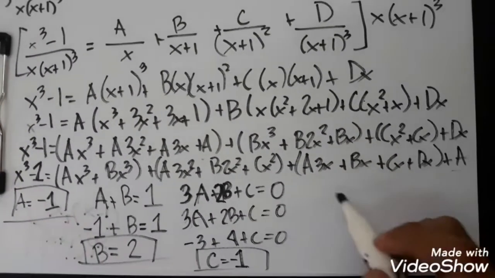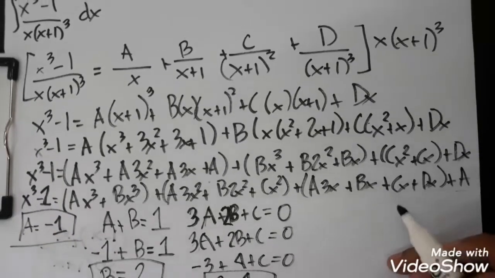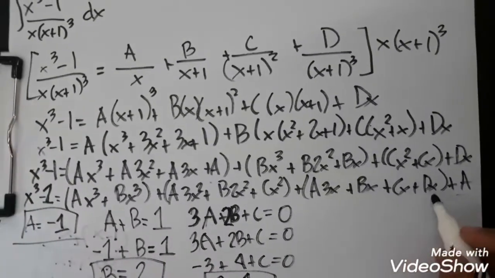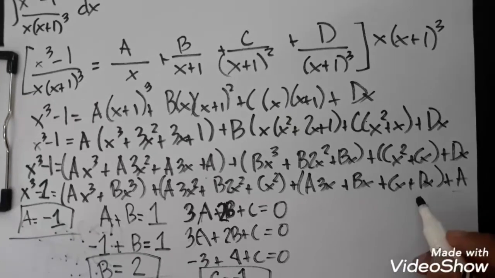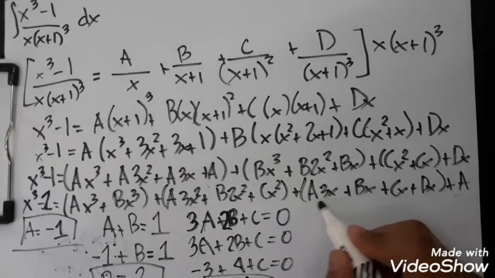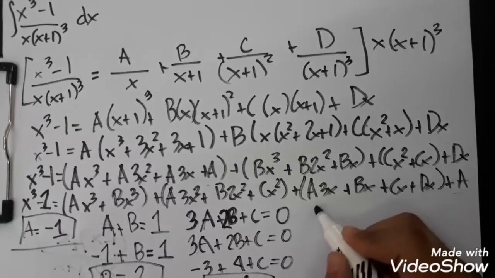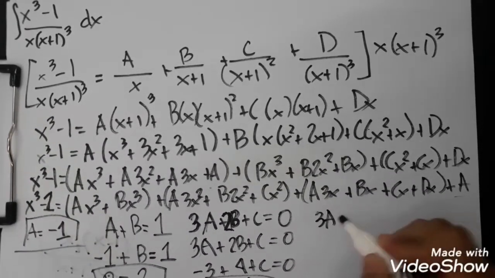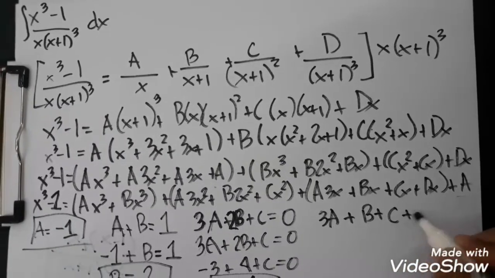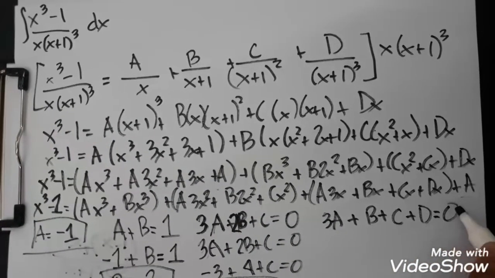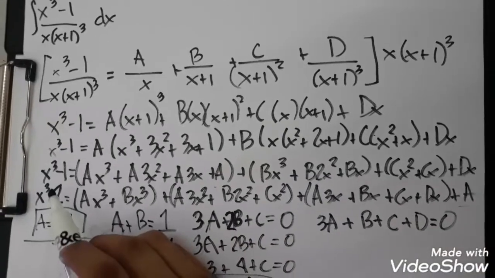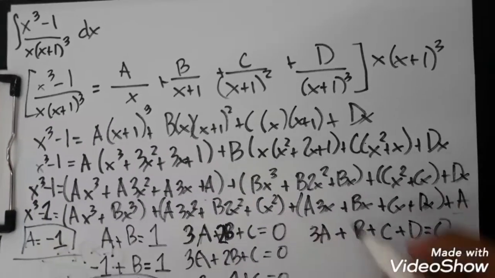Now that we have values for a, b, and c, all that is left now is to solve for d. We can use this function in order for us to get the value for d. And then we will write it as 3a plus b plus c plus d equals 0, since x won't be found in the left side.